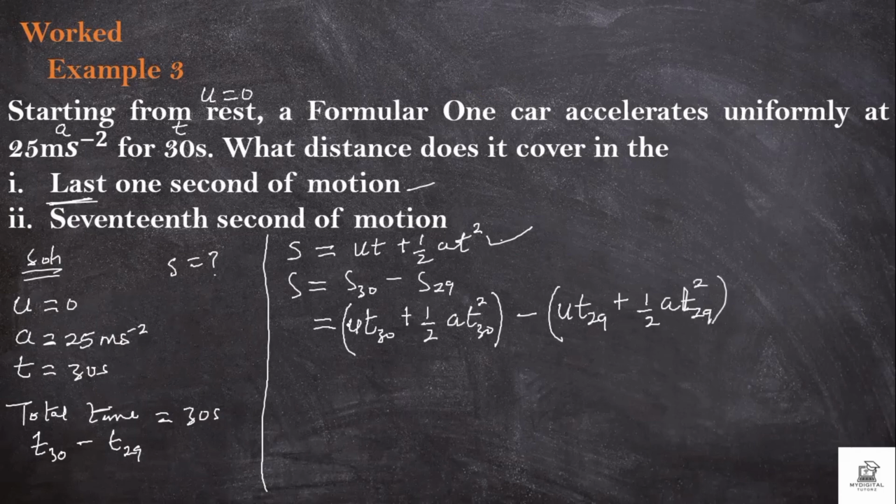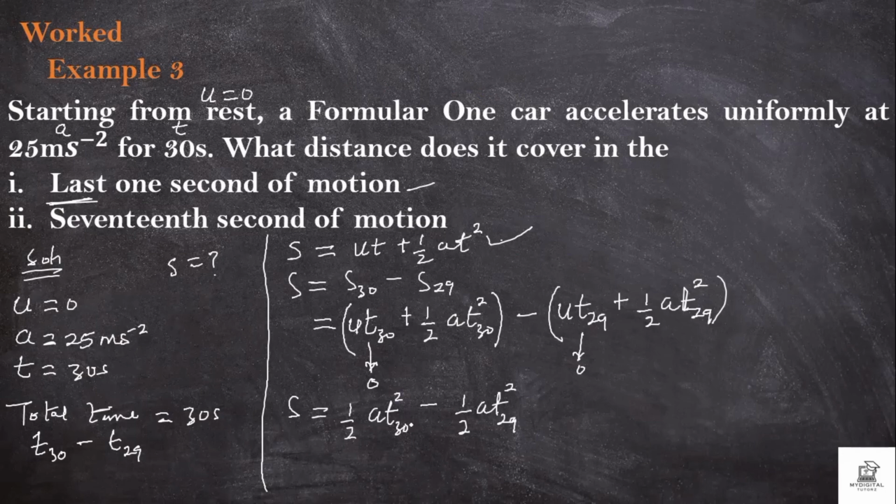Remember that since it starts from rest, u is equal to 0. Automatically, all these things will become 0. This one will also become 0. So s will be equal to half a t30 squared minus half a t29 squared.